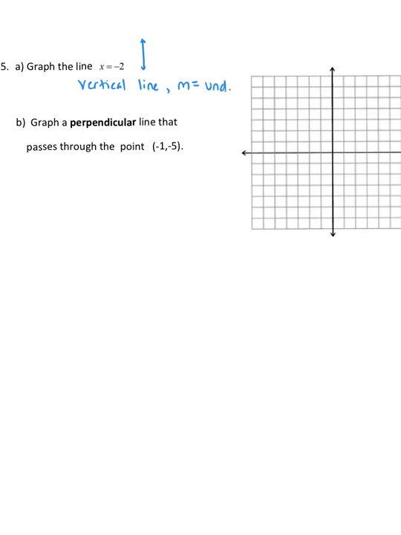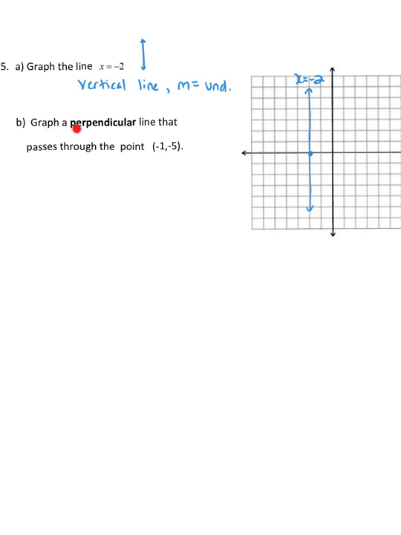And it crosses the x-axis at -2. So I'm going to identify where -2 is. So it's here. And then I'm going to draw a line through that point. And the equation of that line is x equals -2. So any vertical line is going to have the form x equals wherever it crosses on the x-axis.